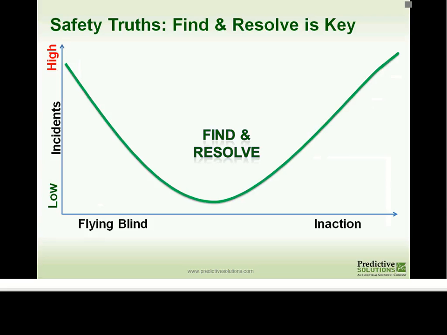Naturally, as you find and resolve, given that you're not introducing new risks to the work environment, is there some cautionary note to that, or something that we should be watching out for as we move through that process?